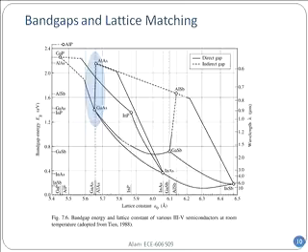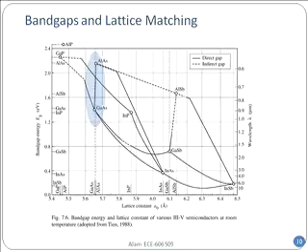Since they both have the same lattice constant, when you grow aluminum gallium arsenide on top of gallium arsenide, their atoms nicely match up, and so there's no strain and no defect generation. So therefore, you can use these for making an HBT.